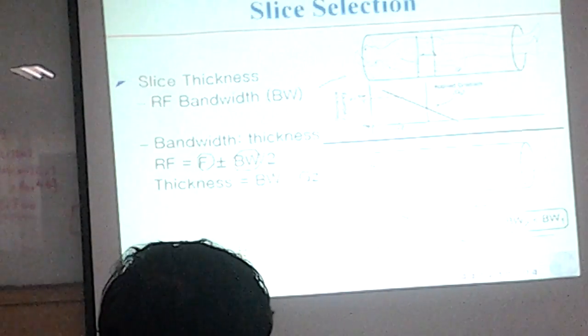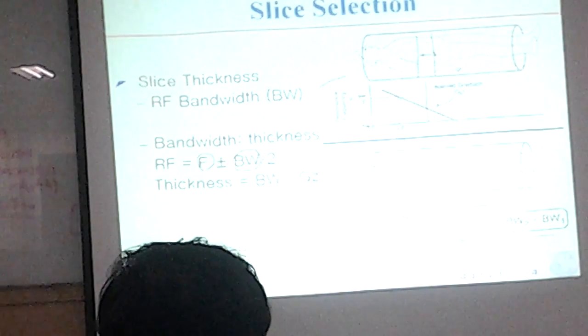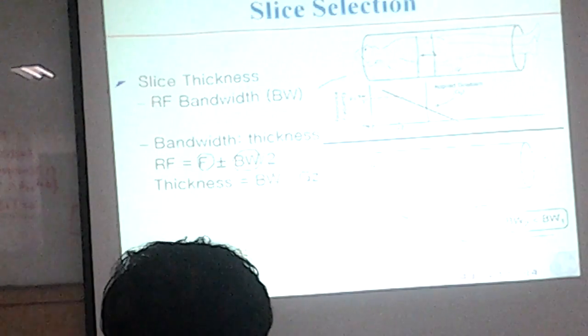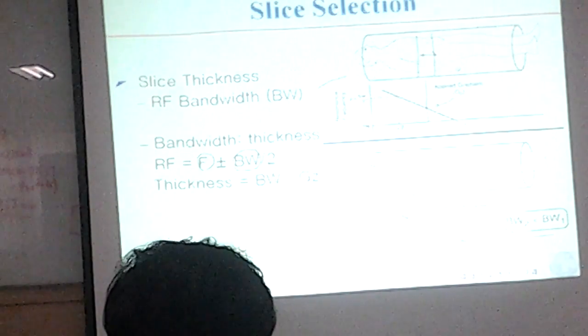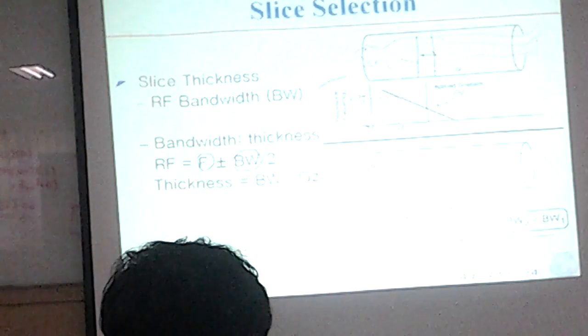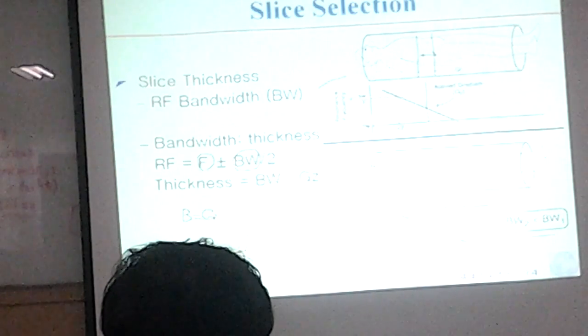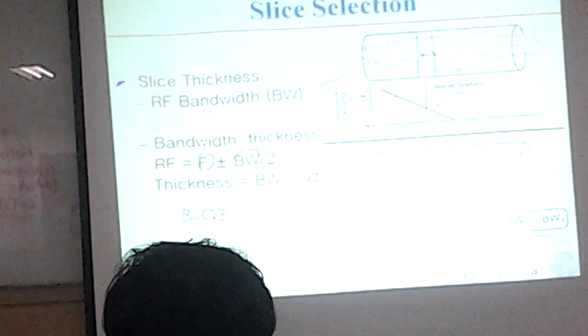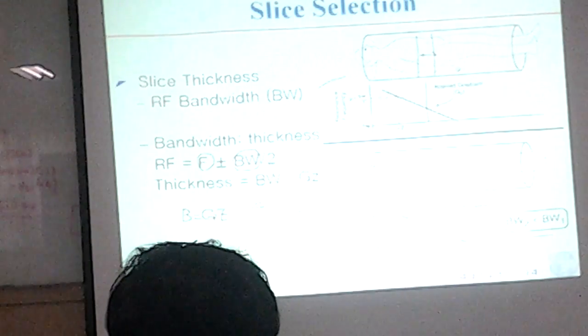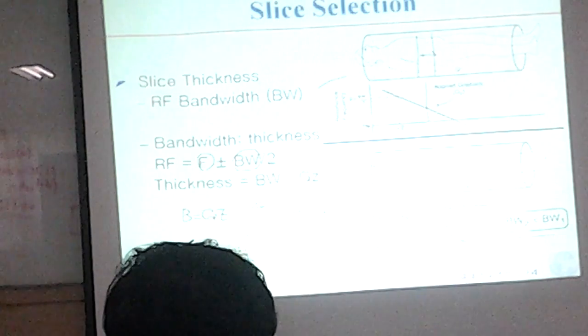So if we use the Larmor equation, we can calculate the thickness, which is related to the RF bandwidth and the gradient strength. Because the magnetic field B equals gradient G times position, for the magnetic field change, delta G is the slice thickness, right?